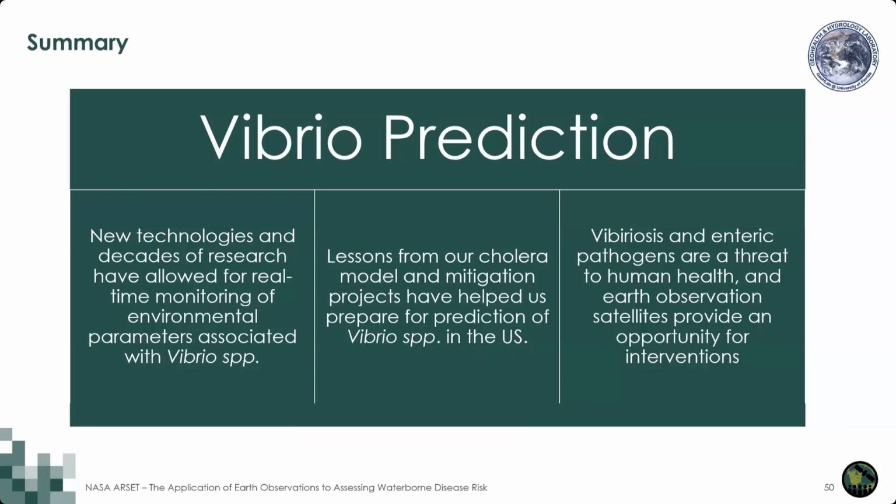This is especially true because the Gulf regions harbor a massive fish and aquaculture industry, and it also is a tourism place, and therefore the predictability of Vibrios for operation of beaches as well as recreational activities will be enhanced if we know where and when the exposure risks of these Vibrios is likely going to be high in human populations. Satellites provide us with the opportunity to think about interventions in a very different way.